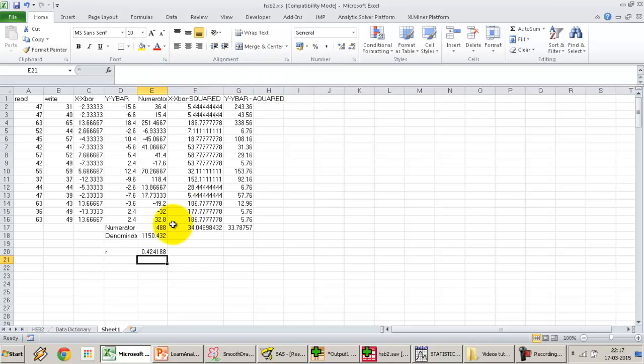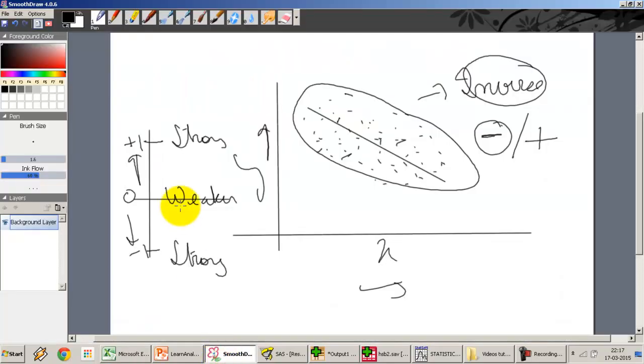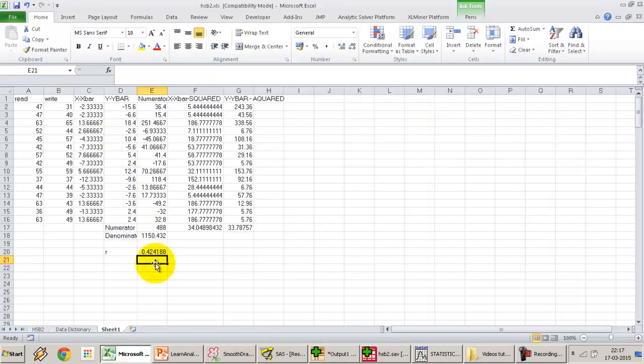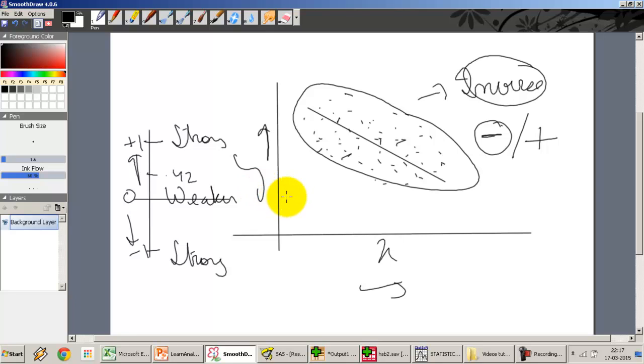So where does 0.42 lie? If I look at my graph over here deciding the strength, anything close to 0 is weak. So it's coming around here. So 0.42. The first thing is that it's a positive correlation. That means the relationship is not the inverse, it's a direct relationship. So the relationship is actually following a line like this.